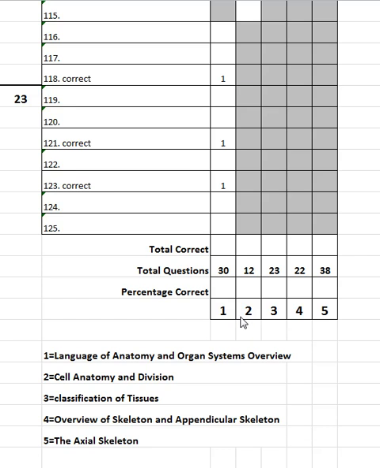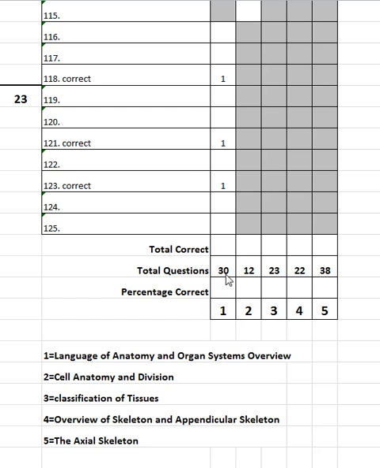What each of these numbers 1 through 5 correspond to is a particular lab. So for example, 1 is the Language of Anatomy and Organ Systems Overview lab. 5 is the Axial Skeleton lab. And total questions provides you with the total number of questions from the content of each of these labs.